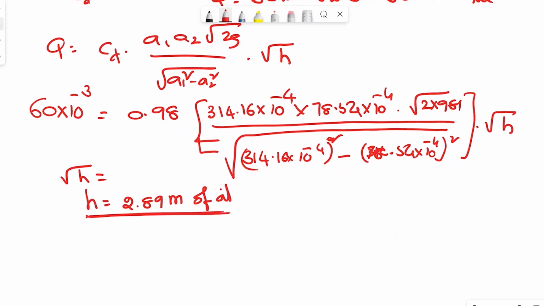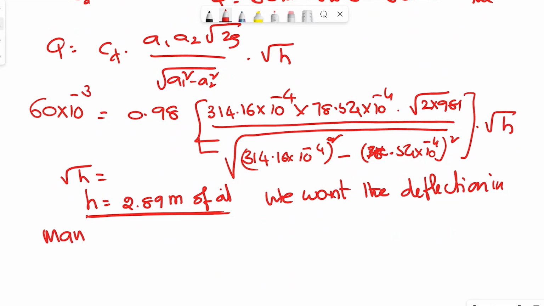Then we want the deflection in the manometer. Therefore, H is equal to x into (Sm by S minus 1).